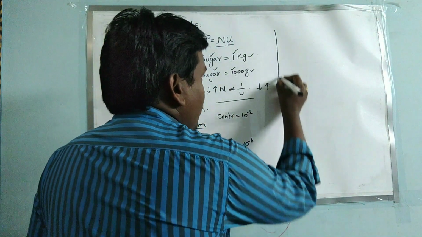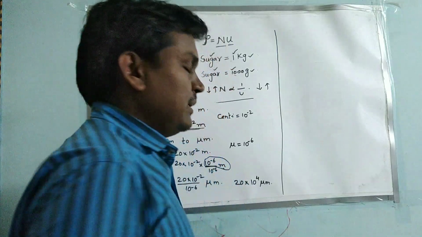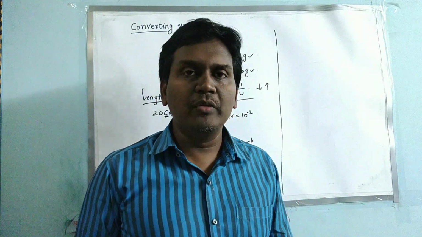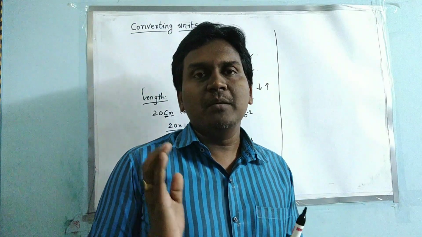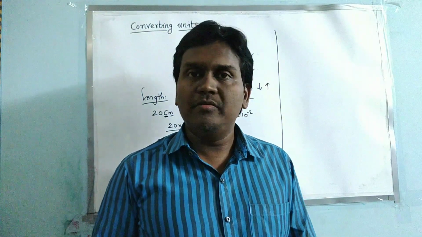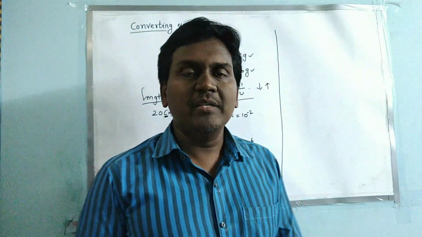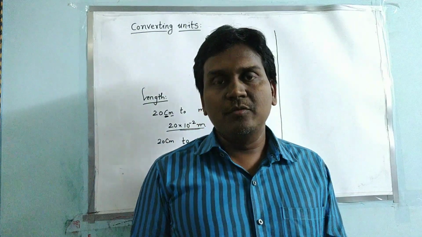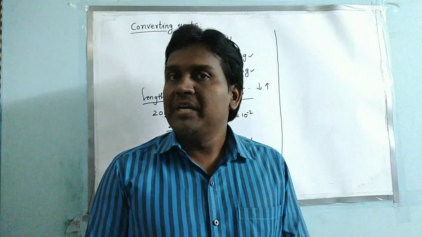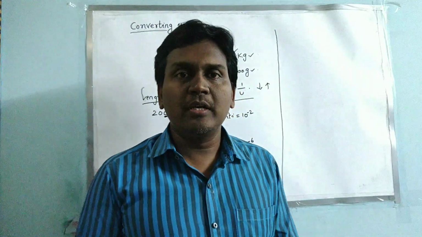And let us take one more conversion based upon speed. See, we may have heard that a vehicle is moving with 90 km per hour. So kilometer per hour is a unit of speed. In the same way, in physics we mostly hear about meter per second. Meter per second is also a unit of speed.